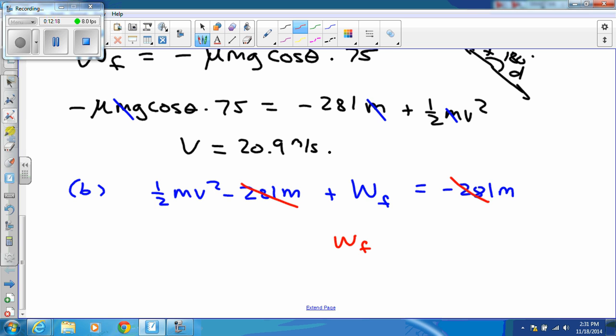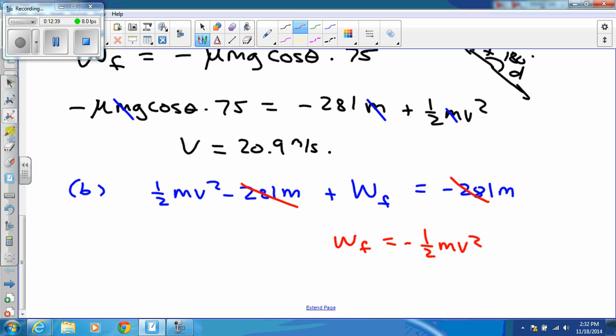And we get something that makes a whole lot of sense, and that is that the work done by friction is equal but opposite to the amount of kinetic energy that she had right there at the bottom. In other words, she had a whole bunch of kinetic energy, and friction just took it away as she slid along the surface. Does that make sense to everybody?